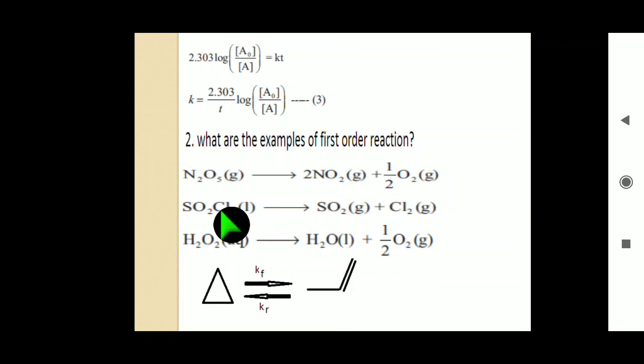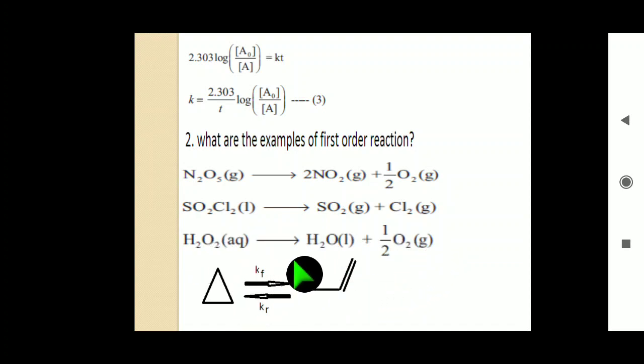Likewise, decomposition of sulfuryl chloride SO2Cl2, only one reactant. The products are SO2, sulfur dioxide, and chlorine gas. Then the third equation is a good example for the first order, decomposition of hydrogen peroxide in aqueous solution. It gives water and oxygen, only one reactant.